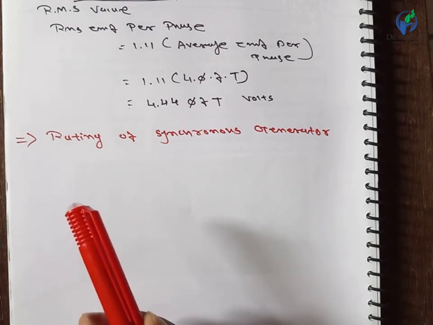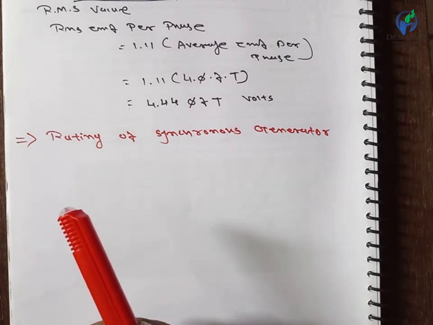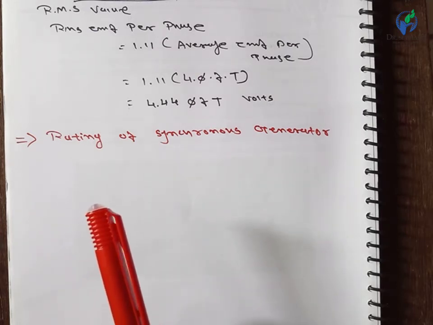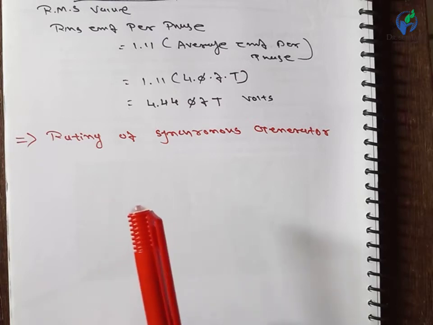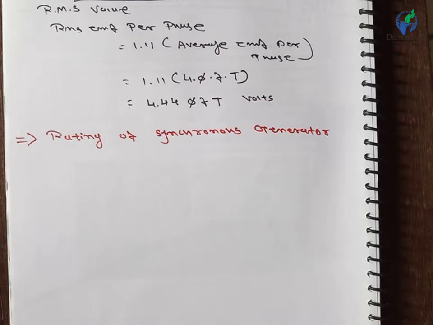All these losses produce heat. The temperature rise depends on I square R losses only, because the other losses are constant. The rating of a machine is governed by temperature rise, because the insulation may be damaged if the permissible temperature rise is exceeded.